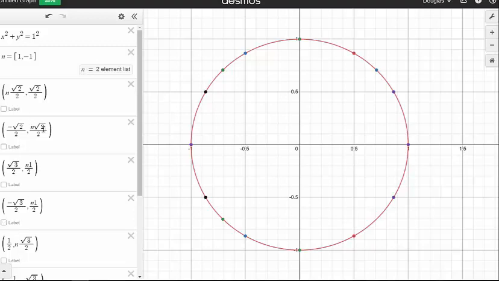Essentially it's the same thing, but now I've got all the points in all 4 quadrants graphed. But we will be focusing on this first quadrant for right now. But we will be expounding to the rest of the quadrants in the unit circle in quite some detail as the semester progresses.